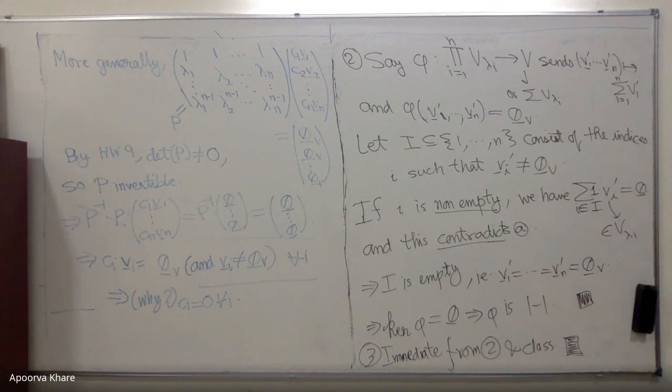You work this out. I such that v prime i is non-zero, if I is non-empty.